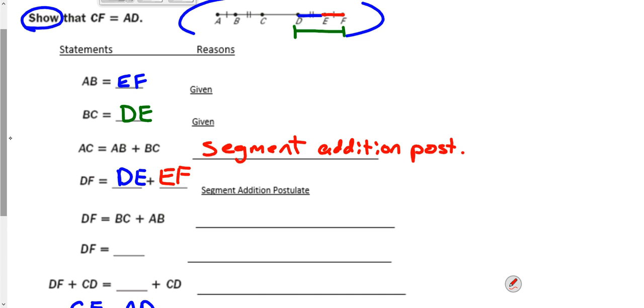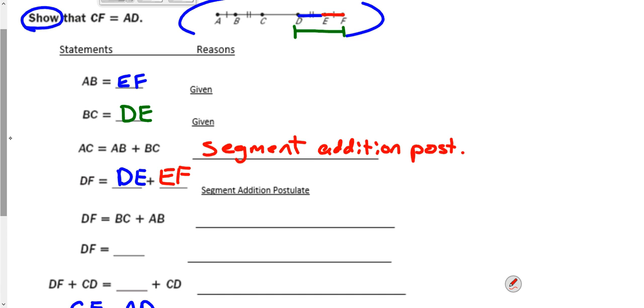The next one, DF equals BC plus AB. Now be careful here. The statement looks like it should be segment addition postulate, right? Because it's written the same way.